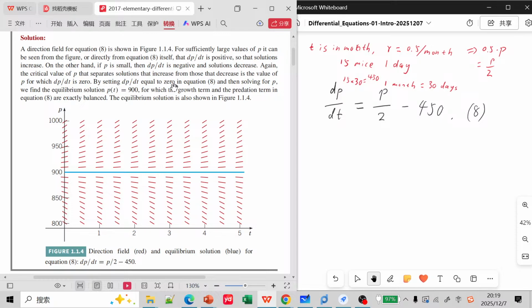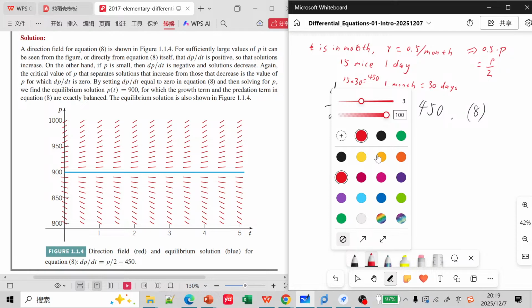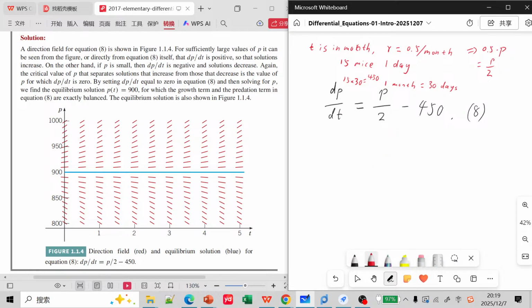Let's do this calculation. So let this term equal 0: P over 2 minus 450. Moving this term to the left and multiplying by 2, we can get 450 multiplied by 2, and it's 900.